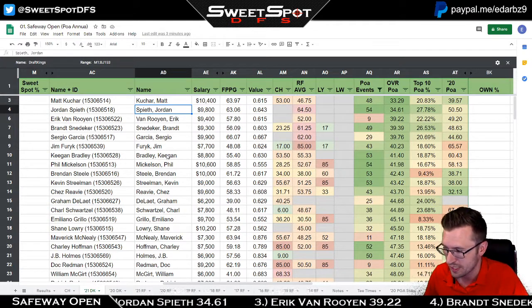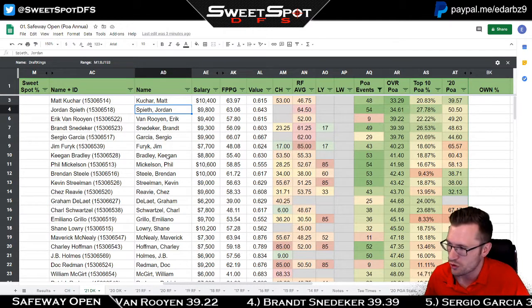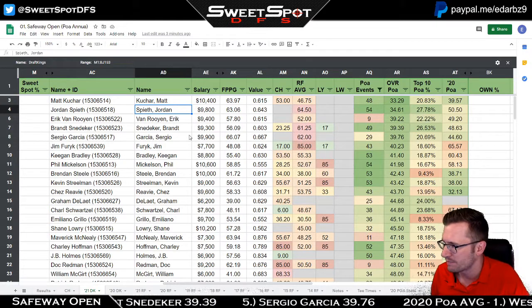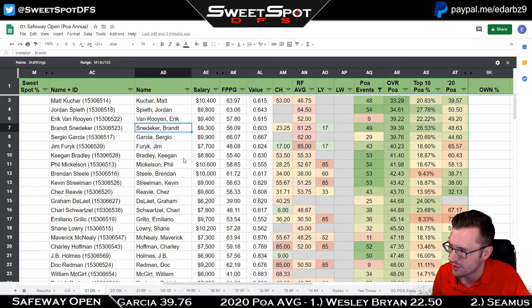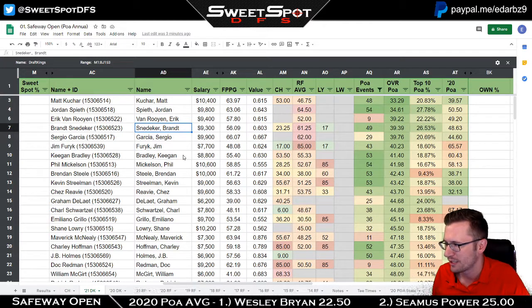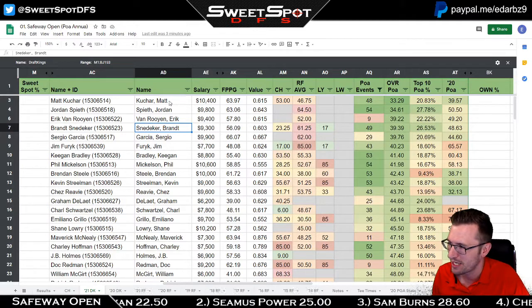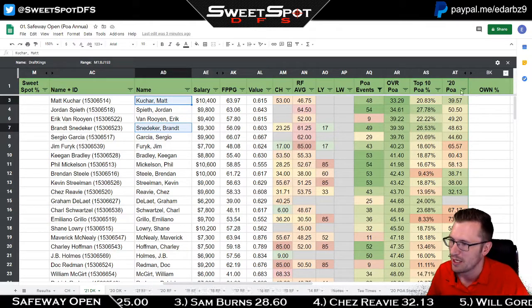He has proven that before, but it's really hard to trust Jordan Spieth at 9,800. So my favorite, probably Brandt Snedeker for POA history, but I don't know how much I'm going to play him. I guess it's between Brandt Snedeker and Matt Kuchar. It's up to you guys.